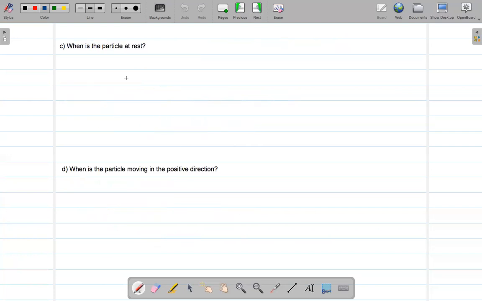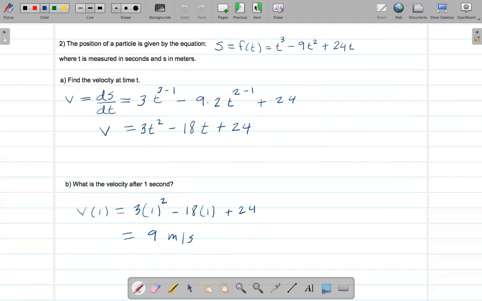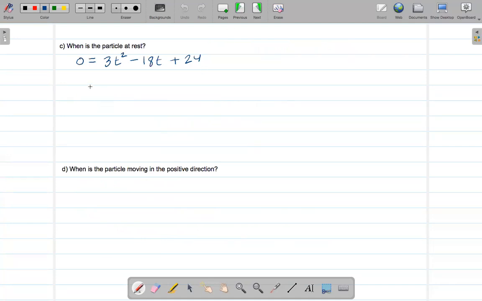So 0 equals 3t squared minus 18t plus 24. Again, it's similar to the first example I did. The quadratic function equals 0, so we can simply use the quadratic formula, or we can also do this without using the quadratic formula.